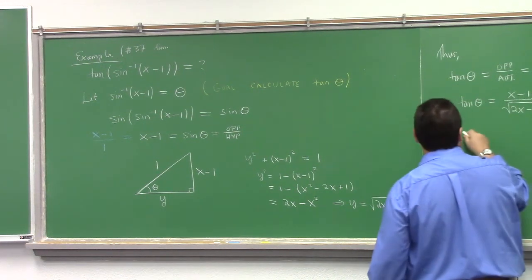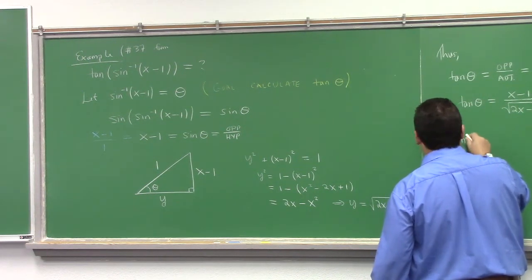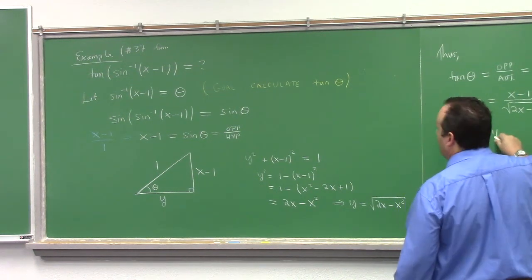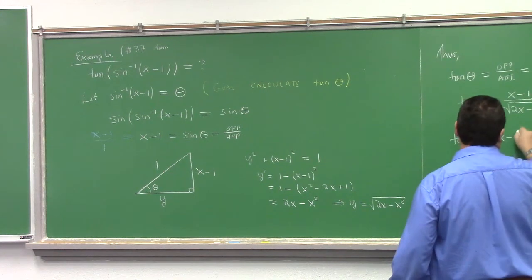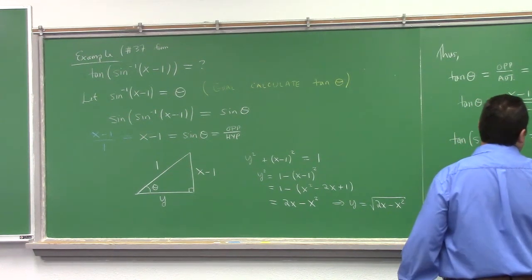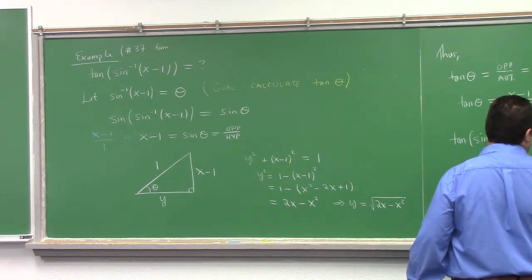And finally, returning back to the original problem, the tangent of the inverse sine of x minus 1 is thus equal to x minus 1 over the square root of 2x minus x squared.